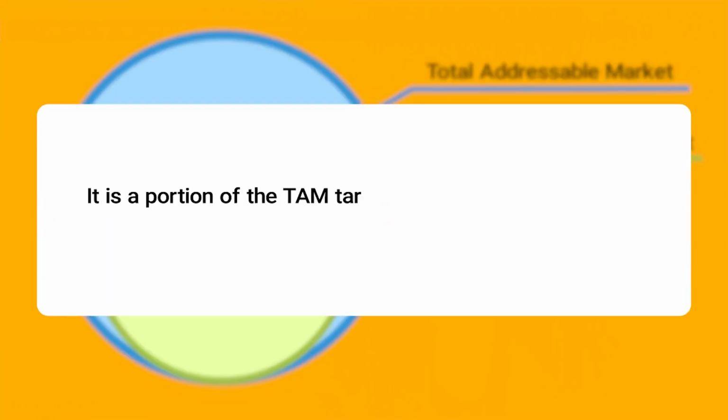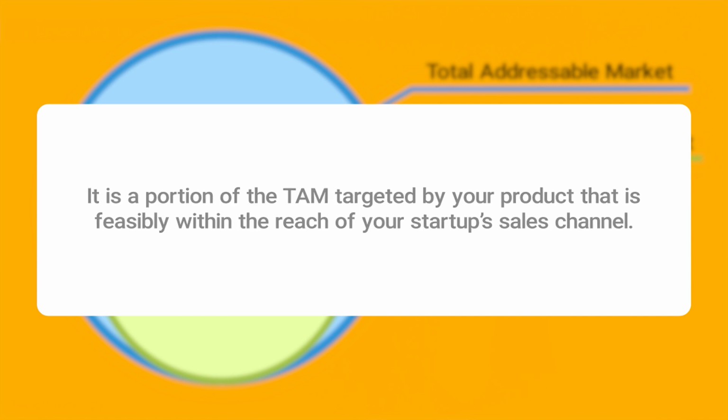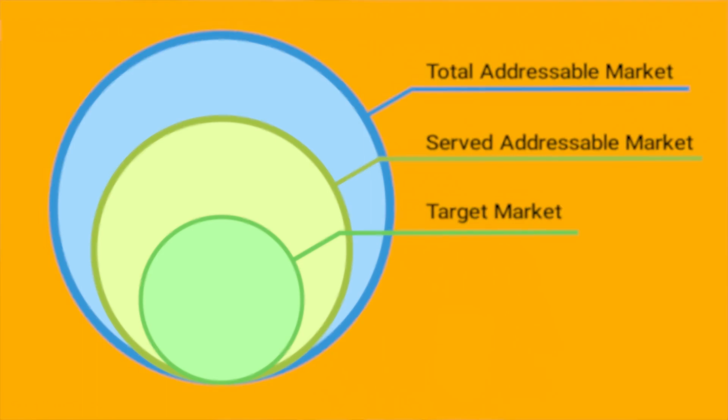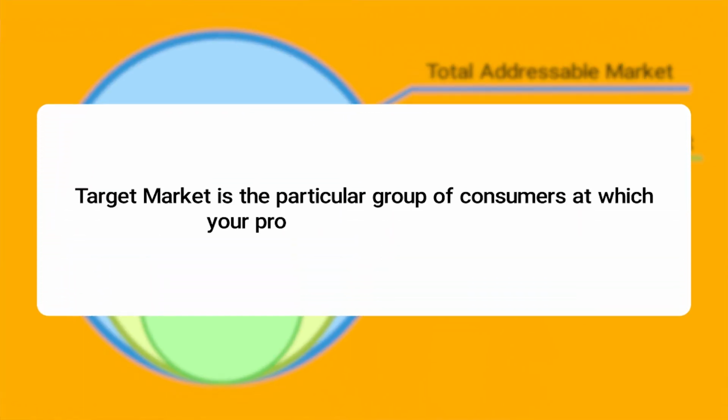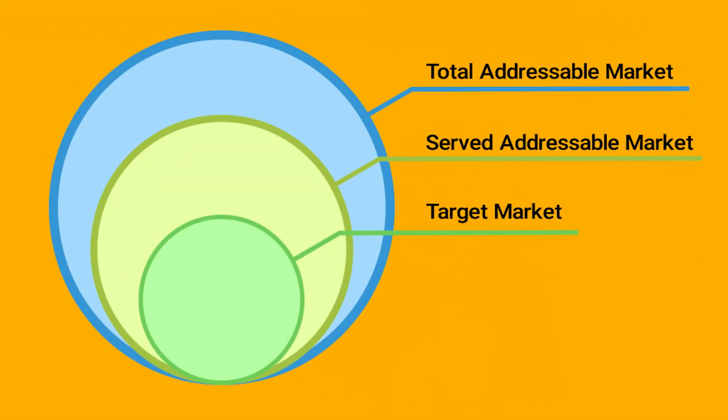It's the portion of the total addressable market targeted by your product that is feasibly within the reach of your company's sales channels. And finally, the smallest portion is the target market, which is the particular group of consumers at which your product or service is aimed.